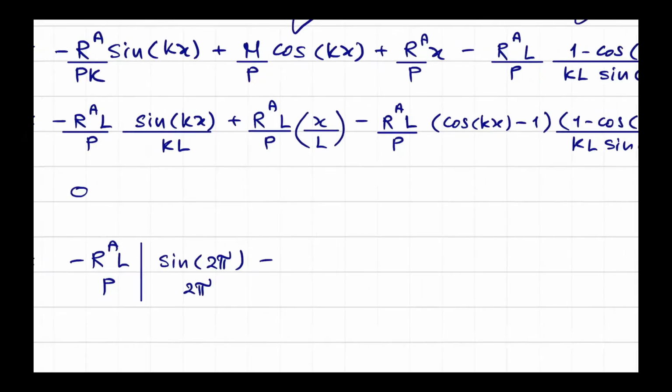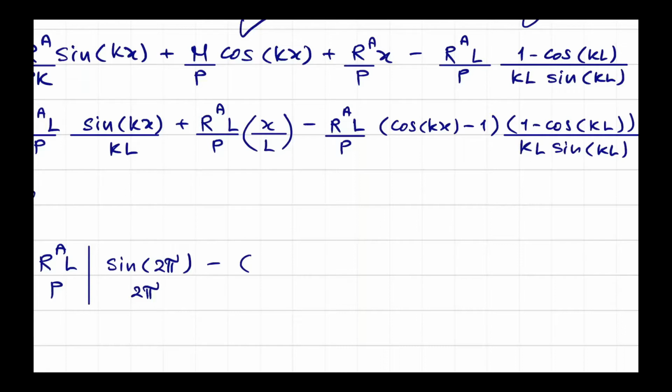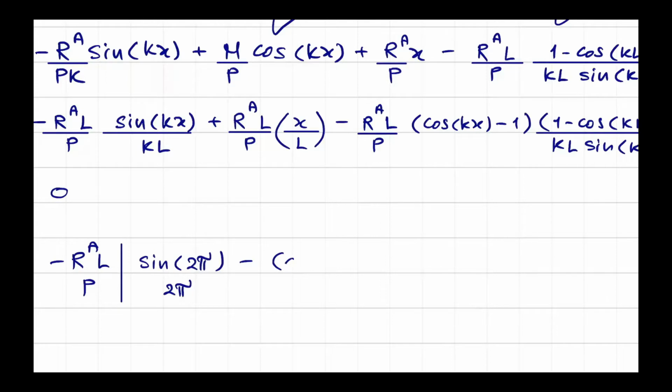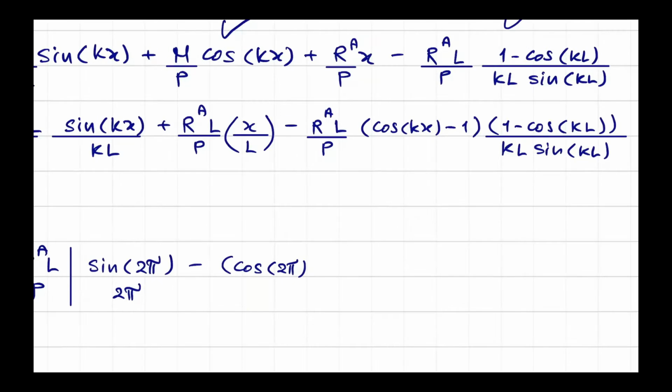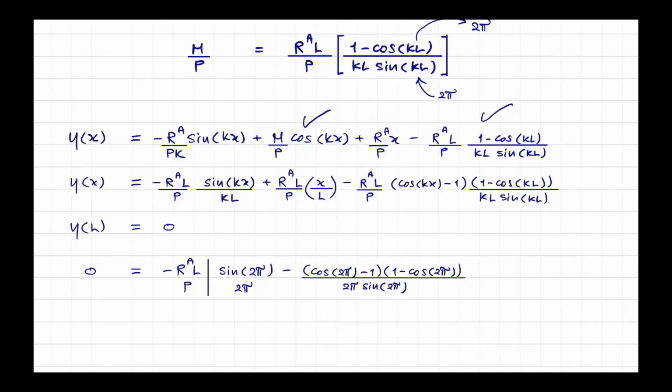Minus, it turns out to be cosine 2 pi minus 1 multiplied by 1 minus cosine 2 pi, divided by 2 pi and then sine 2 pi. What else? Plus 1, right?